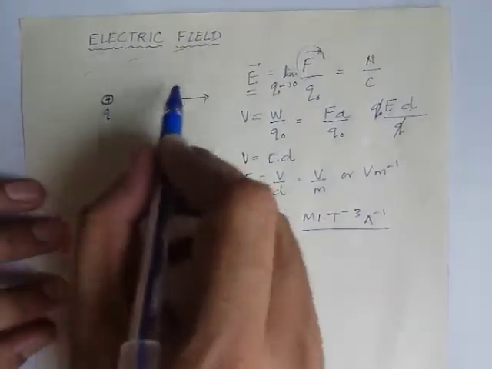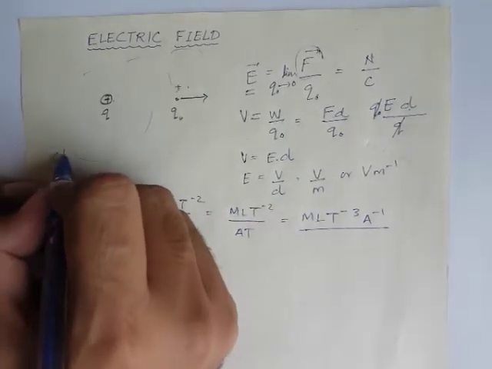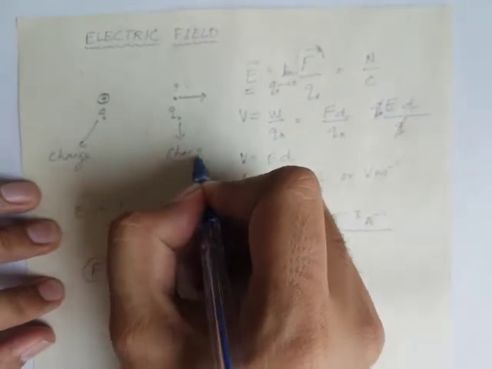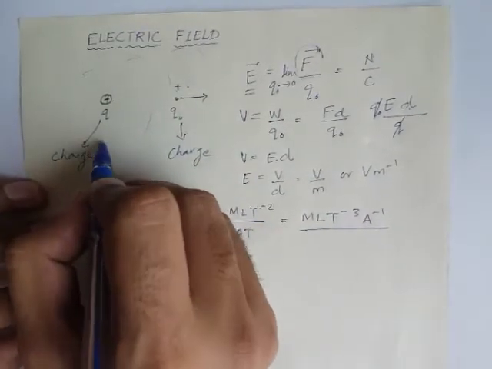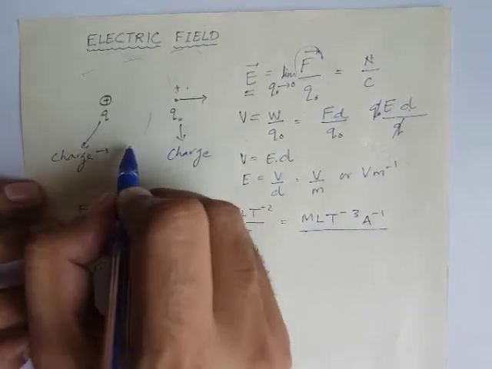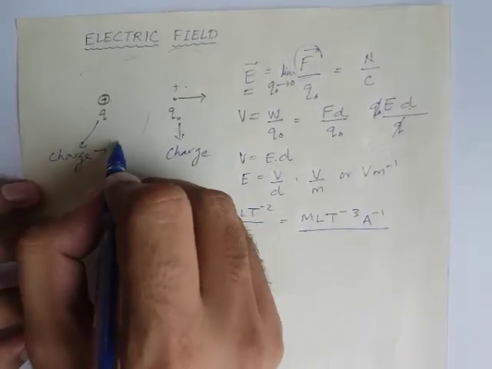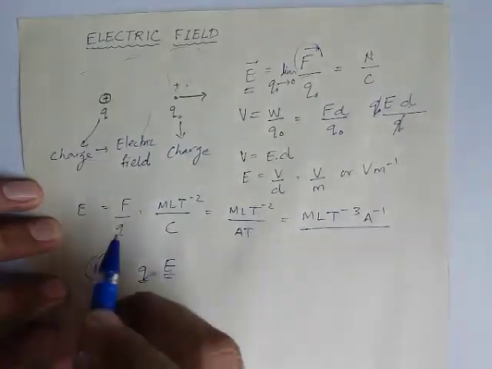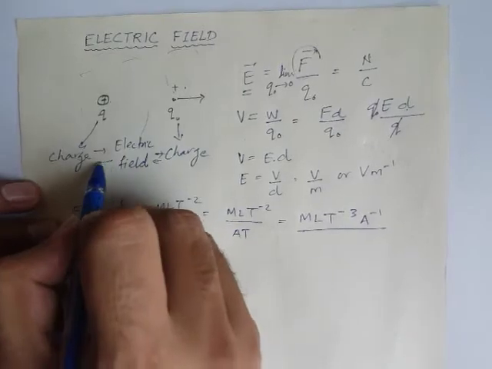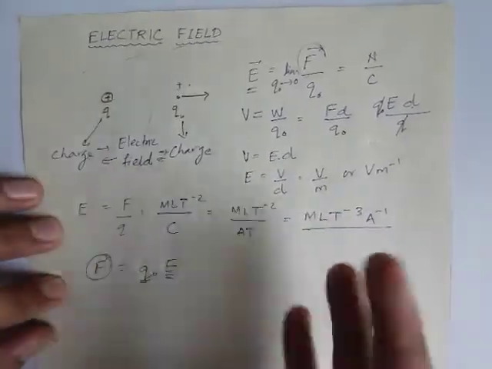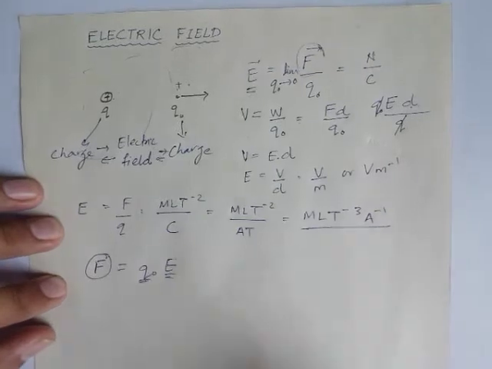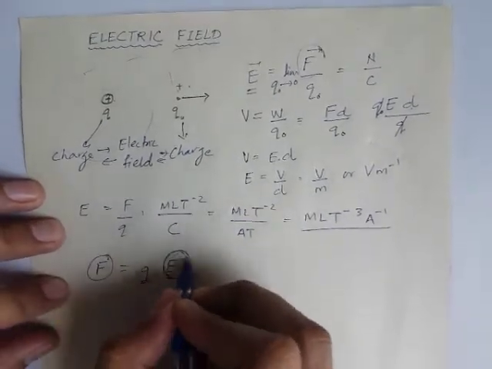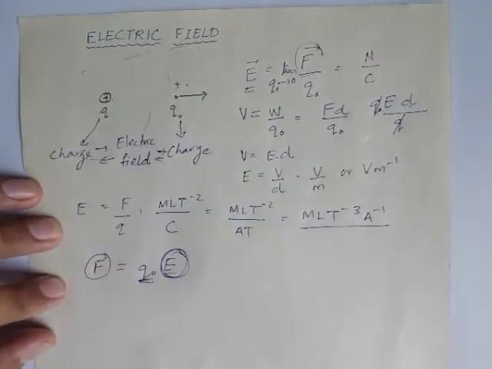If we place two charges, here is a charge, here is also a charge, and in between them, to interact, there should be an electric field present. Then they will attract or repel, whichever they want. So this is a simple understanding: to apply a force we need a field if the charges are present there.